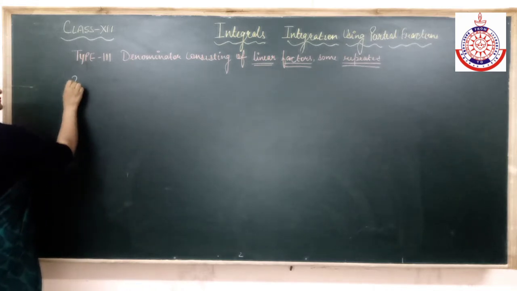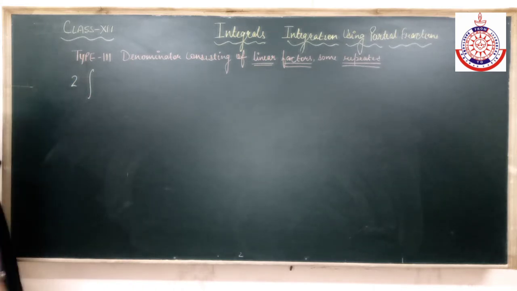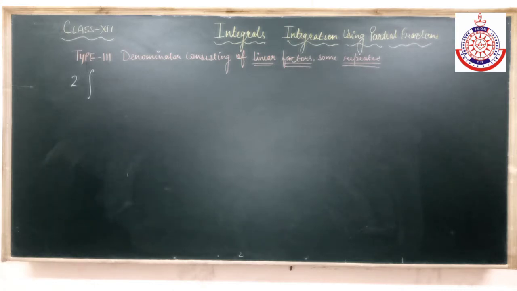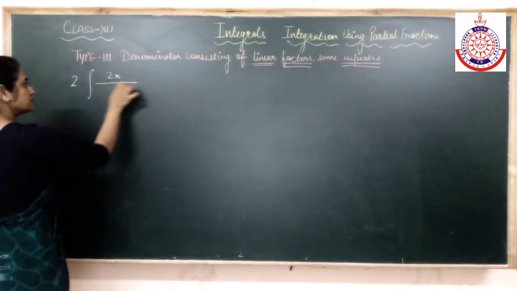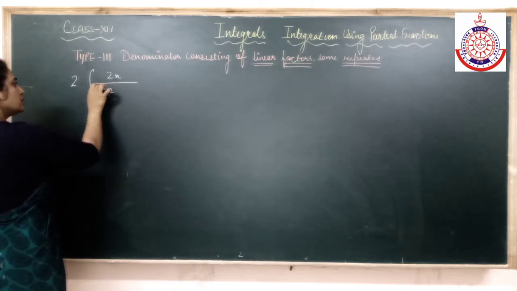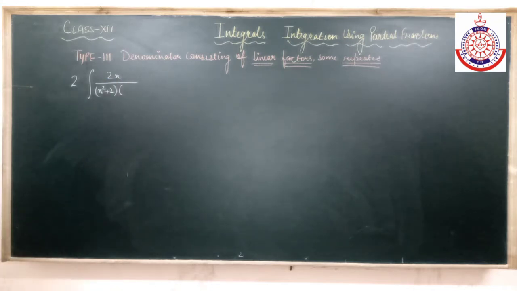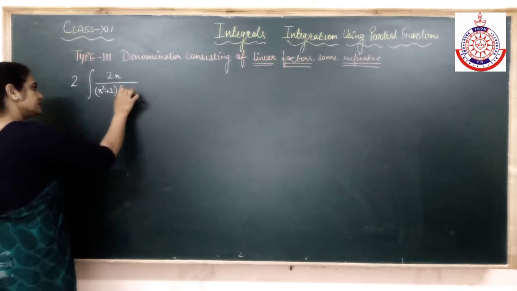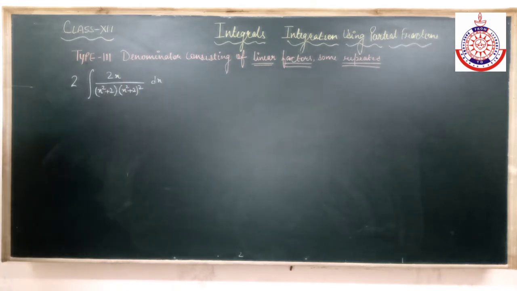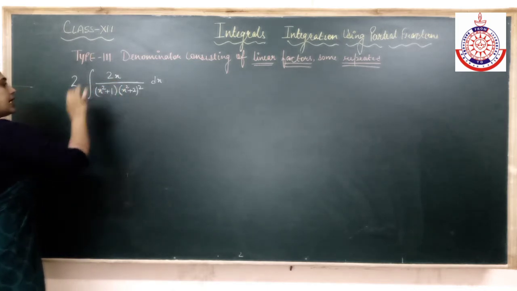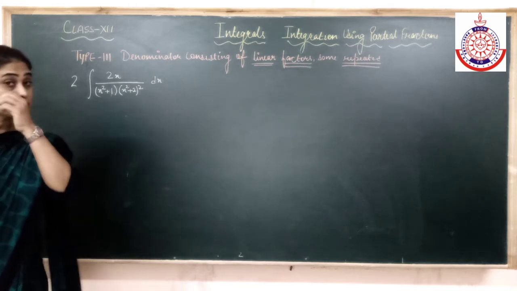Let's pick up the next one. Integration of, we have to integrate 2x upon x squared plus 1 into x squared plus 2 whole square.